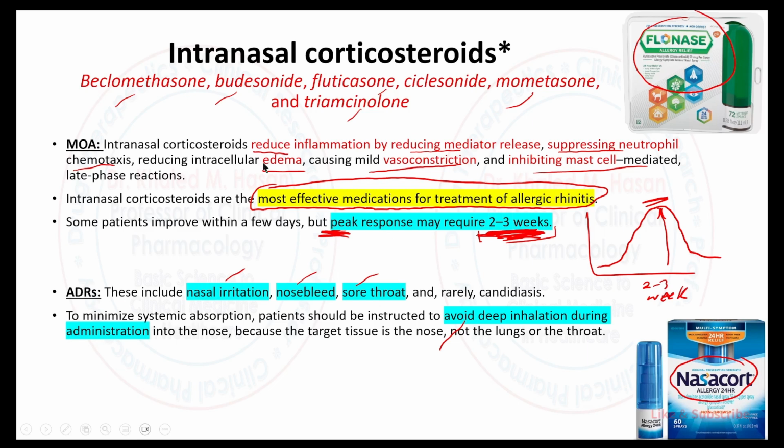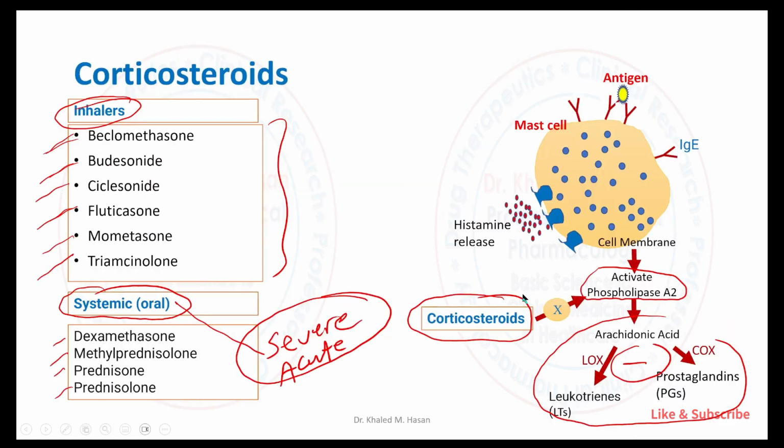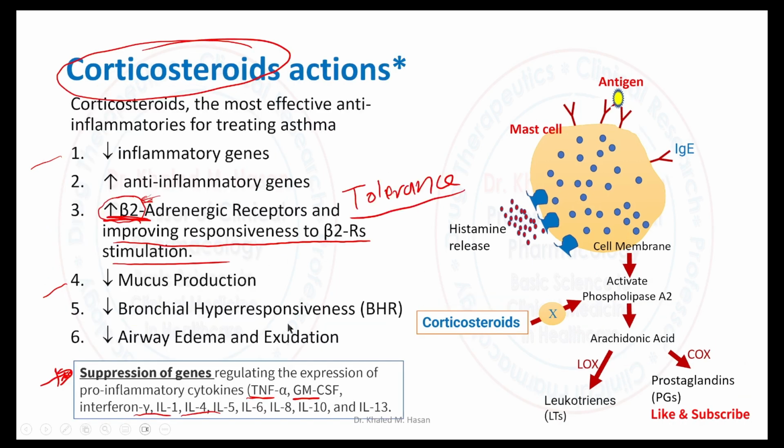We have different mechanisms of action: reduced inflammation and reduced mediators. We need to take into consideration that this medication needs time, up to 3 weeks. Different names. We need to remember the mechanism of action, the effect of the corticosteroid, and the side effects.